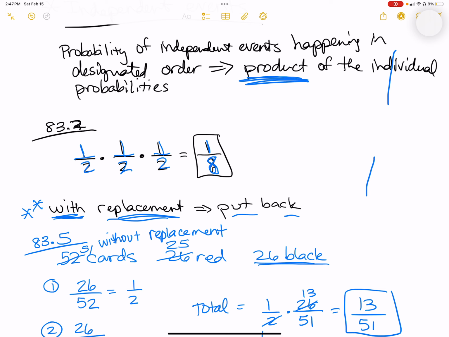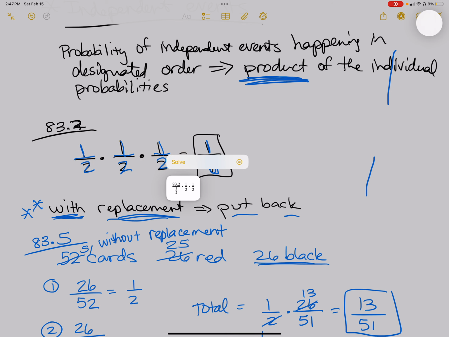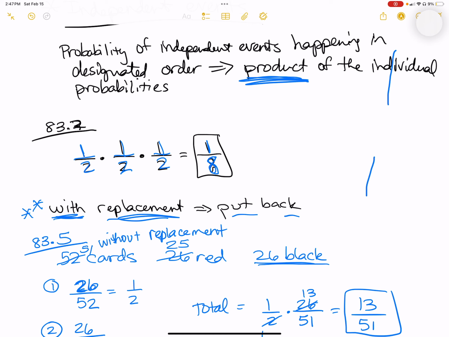So the first probability, the odds of getting a red card on the first time, are half, because half the cards are red. So 26 out of 52, which is 1/2. But I pulled out my red card and I kept it.